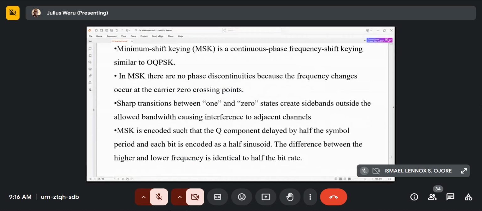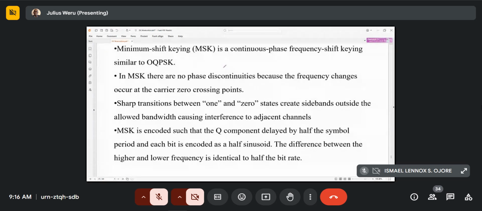So here, MSK is basically what we call continuous phase frequency shift keying. It's similar to OQPSK, although it is more of a frequency shift keying.